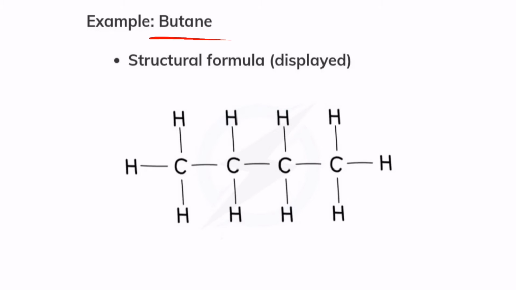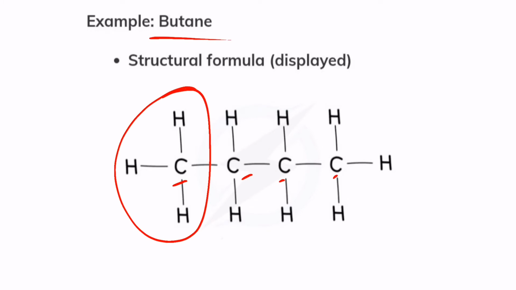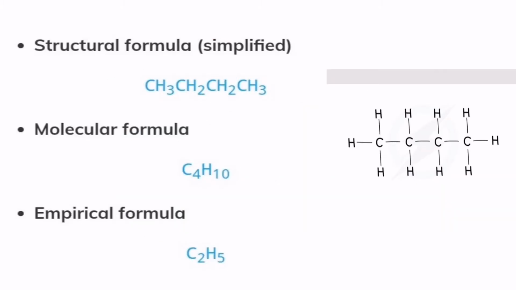Here we have 4 carbons, just like you see, and this carbon combines with 3 hydrogens, plus this other carbon, and then this one, you see how it combines. So this is the structural formula of butane. We can display it, and we can also simplify this structural formula of butane. So you see we have a simplified formula of butane now.